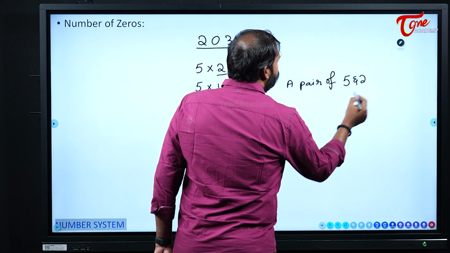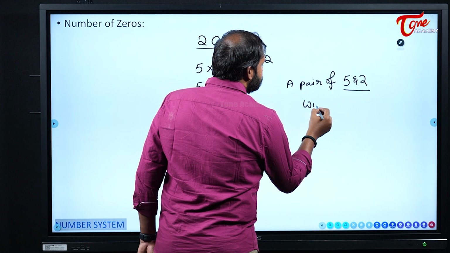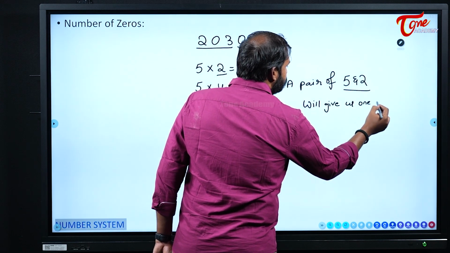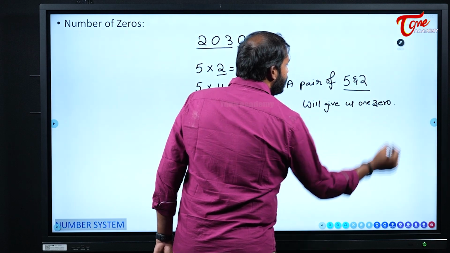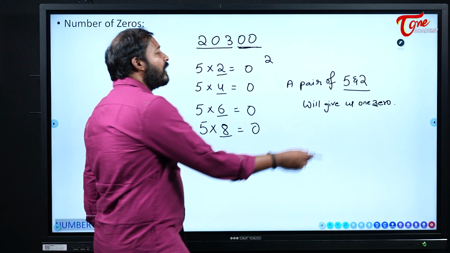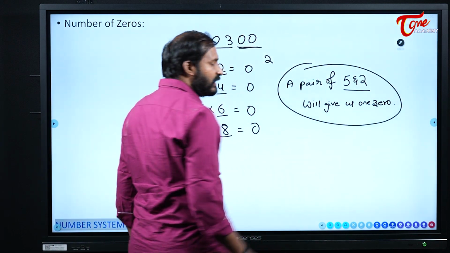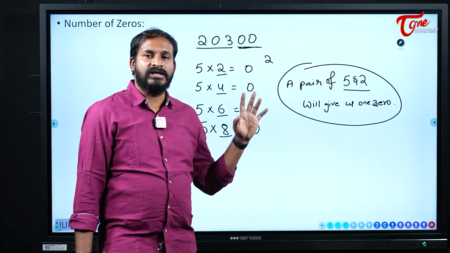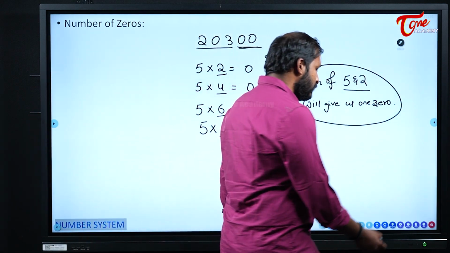A pair of 5 and 2 will give us a 0. So, we will check how many pairs of 5 and 2 are there in the given question, and then based on that we decide how many zeros are there in that number.